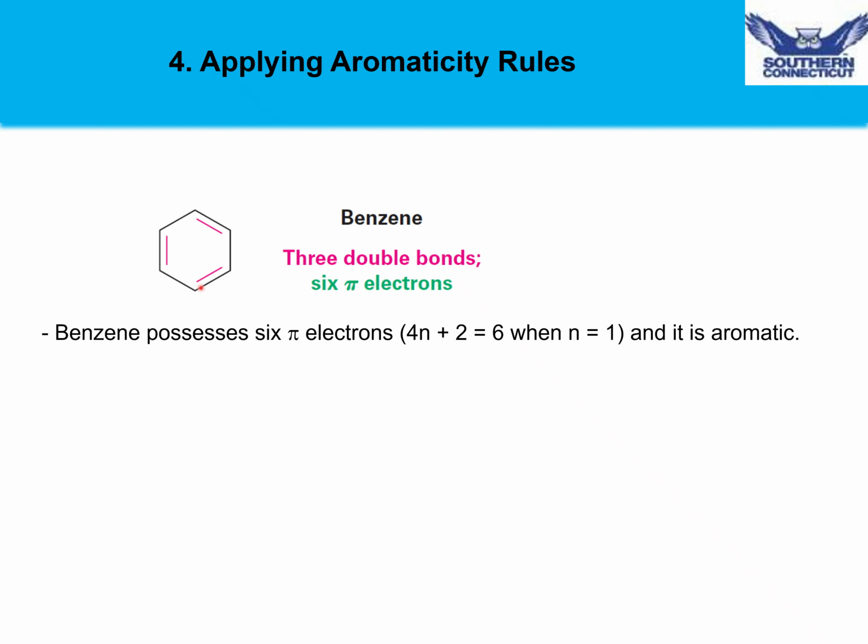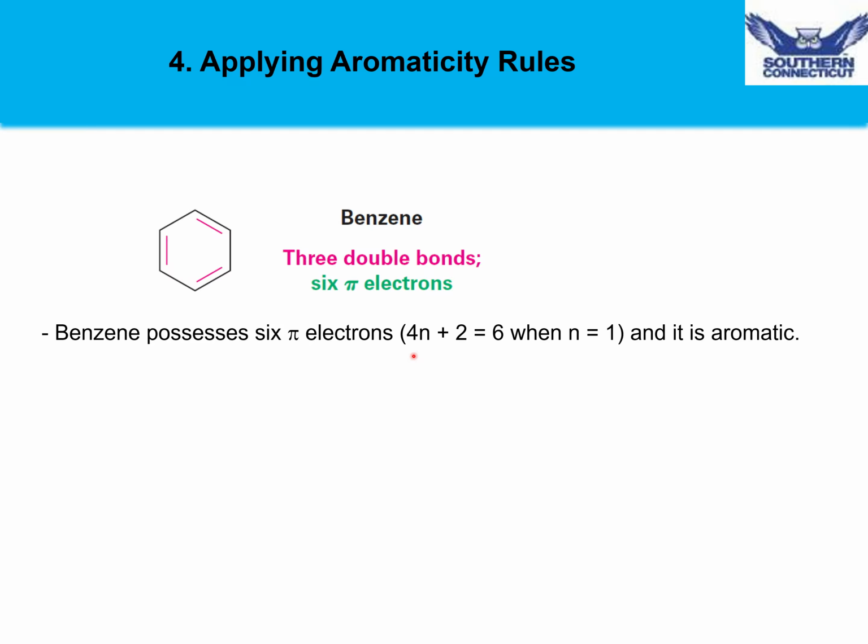It also follows Rule 2, or the Huckel rule, because it has 6 pi electrons. You might recall that the Huckel rule says that if a compound has 4n plus 2 pi electrons, then it would be aromatic as long as it follows Rule 1 as well.